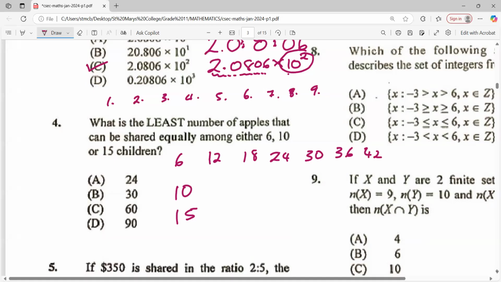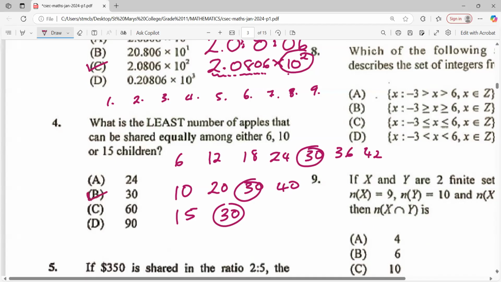I do the same thing for 10. 10 and 10, 20, 30, 40. 15 plus 15, 30. The first number that comes up in all of them, that would be it. So our answer would have been 30.